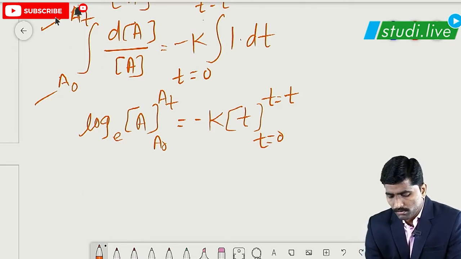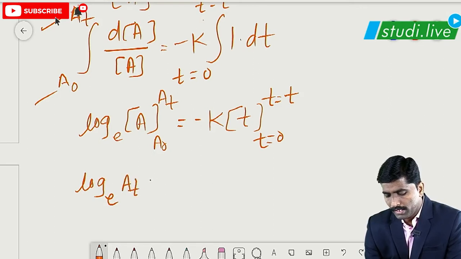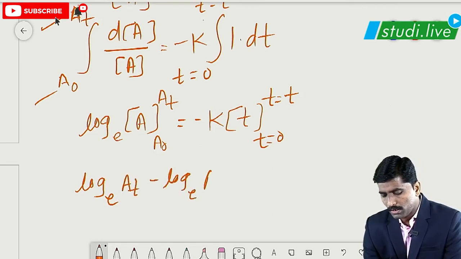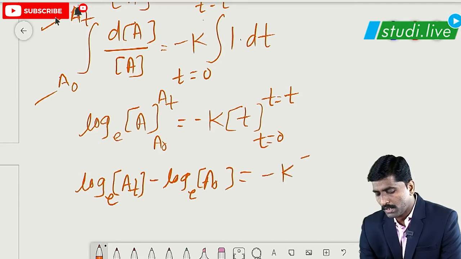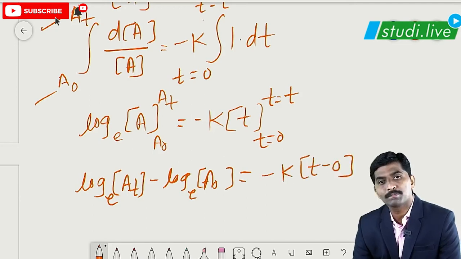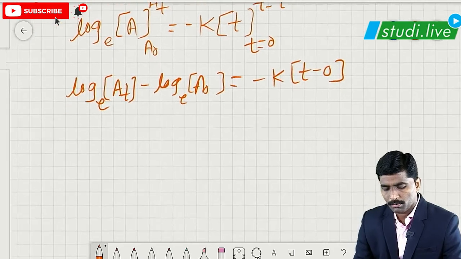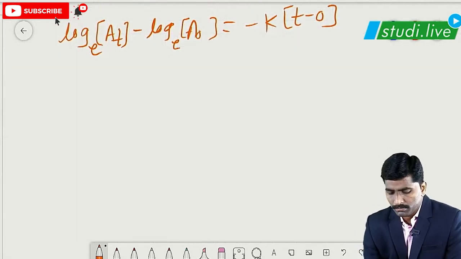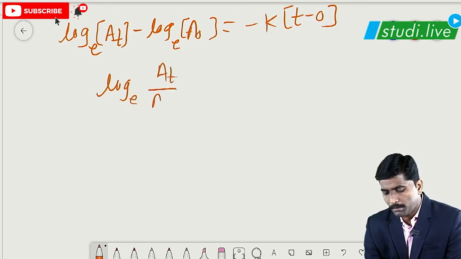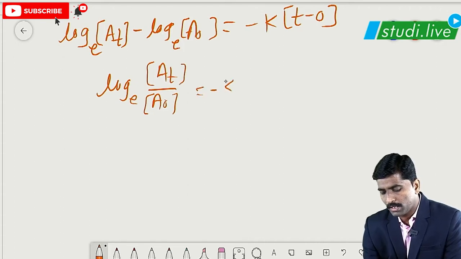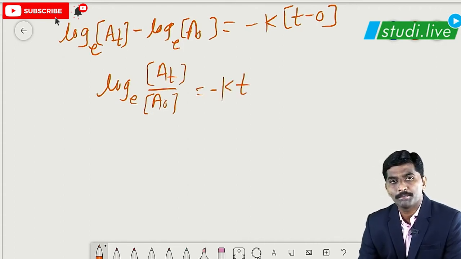On substitution, we will be getting log to the base e of At minus log to the base e of A0, correct? Which is equal to minus k into t minus 0. Log A minus log B, what is exactly the form? It is nothing but log to the base e of A upon B, isn't it? Similarly, minus k into t we will be having.